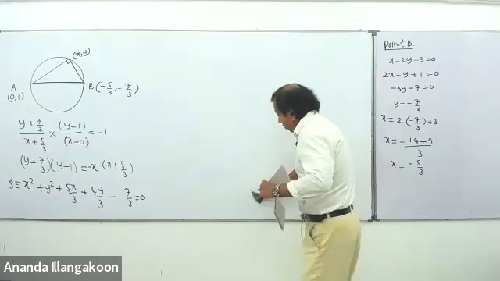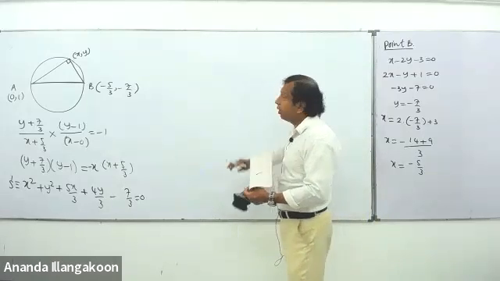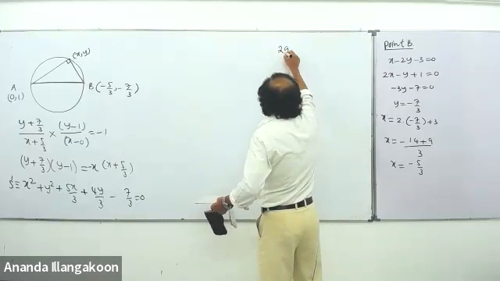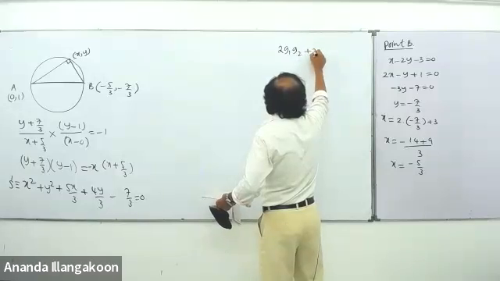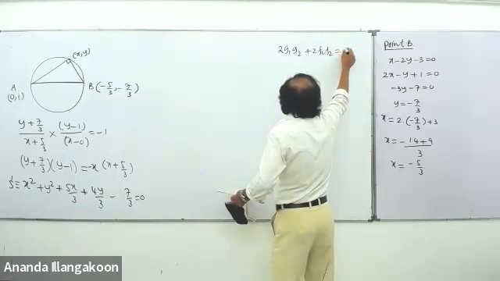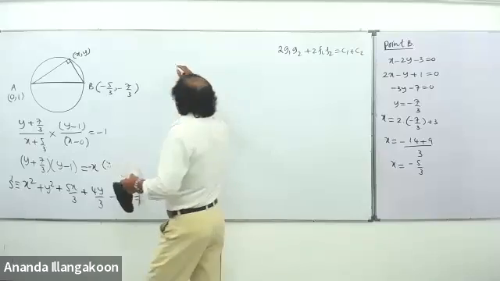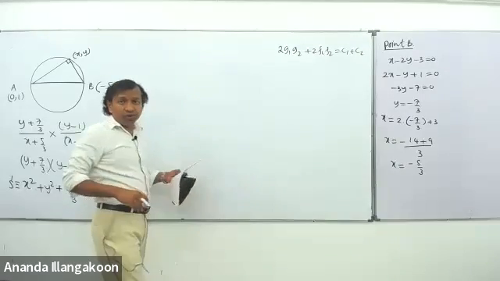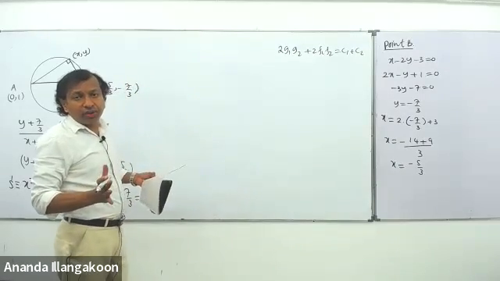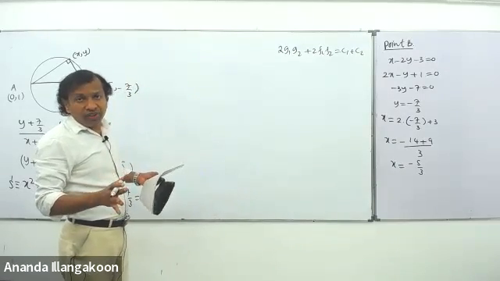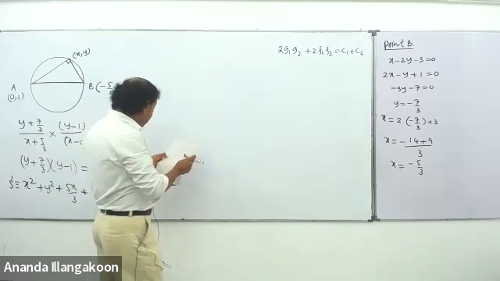The condition required for two circles to be orthogonal, we proved like this. You can remember: 2g1g2 plus 2f1f2 is equal to c1 plus c2, no? Then when you consider g1, g2, f1, f2, what are they? They are the x and y coordinates of the centers of the two circles, right?